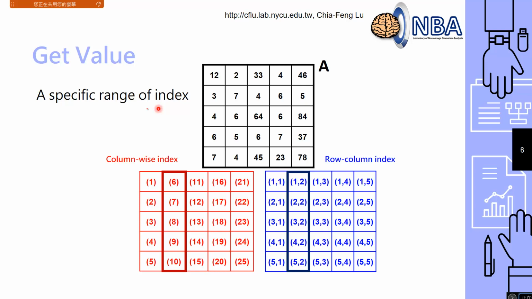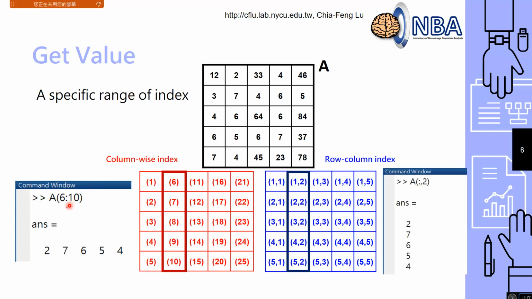Okay, so think about this. If I'm going to go for the column-wise index, is there any way I can do this? Think about this. For column-wise index, you should not use two numbers. But for this case, because you are going to get the values from a specific range, you may key in this way.